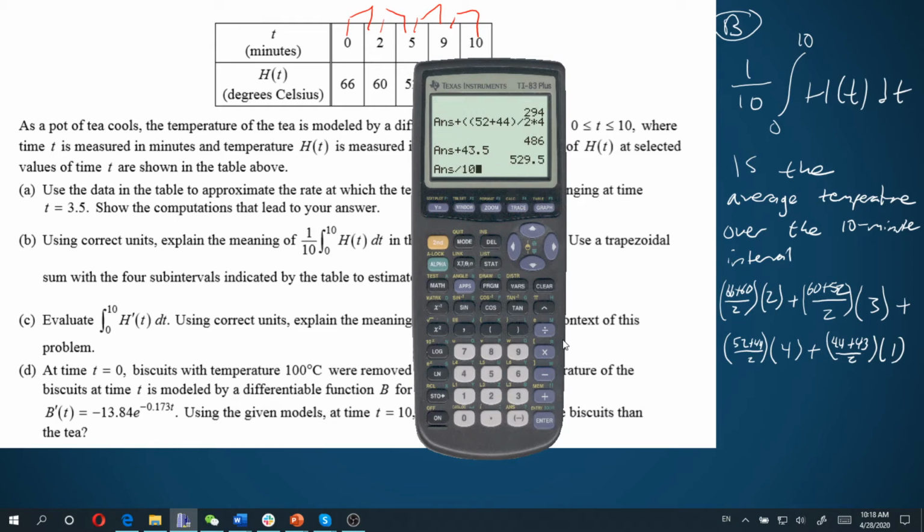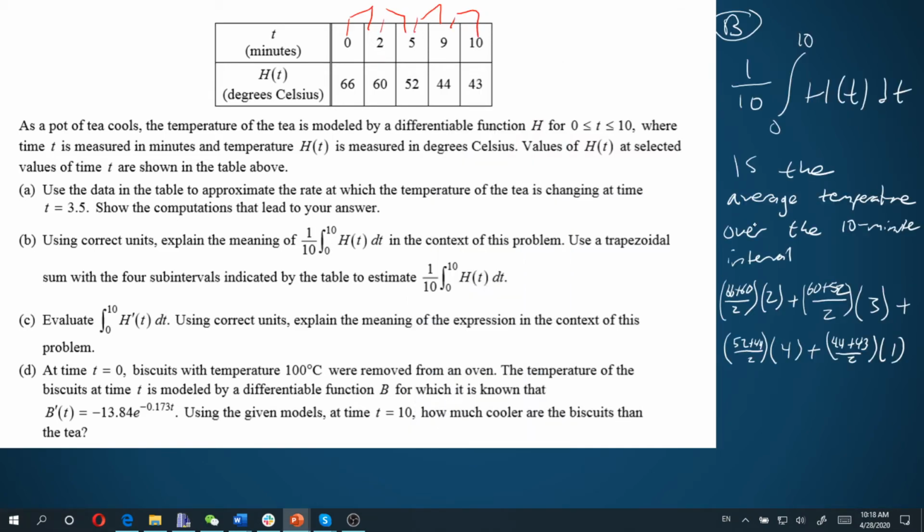Okay. So I'm going to take all of this and then multiply by one over 10.